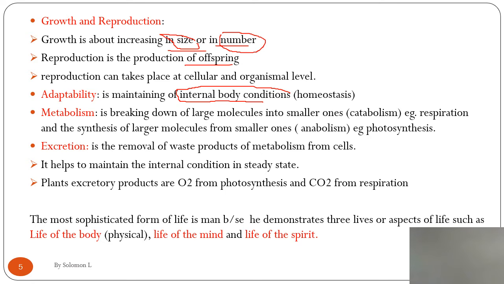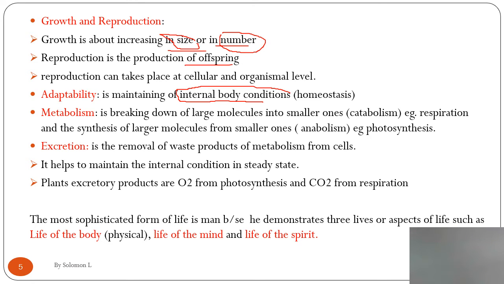Similarly, organisms need constant pH value in their internal body. So all these conditions, the solutions, the body temperature, as well as the pH value of the internal body of organisms must be maintained at a constant rate. So this maintaining of the internal body conditions of an organism is known as adaptability. Therefore, adaptability is only seen in living matter, but not in non-living organisms.